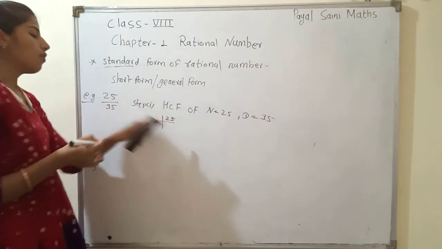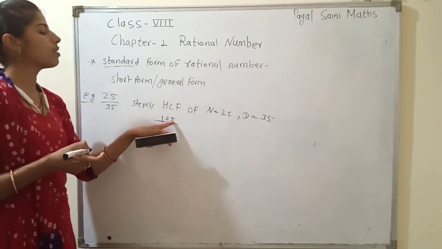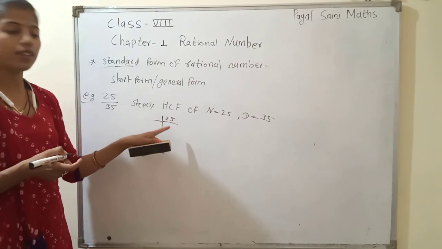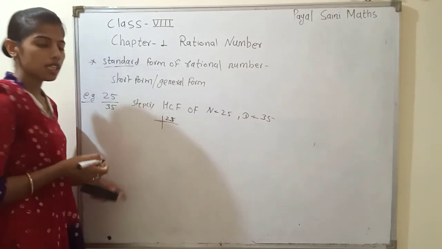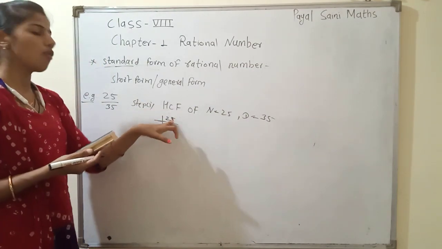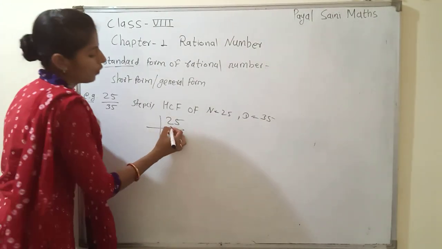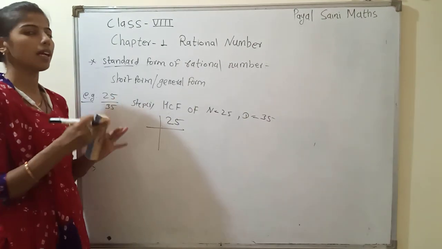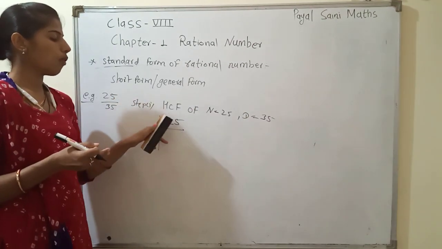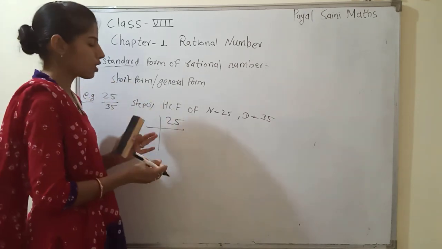First is the rule of divisibility by 2. The last digit is 5, so it is not divisible by 2. Next, for divisibility by 3, the rule says if the sum of all digits is divisible by 3, then the number is also divisible by 3.